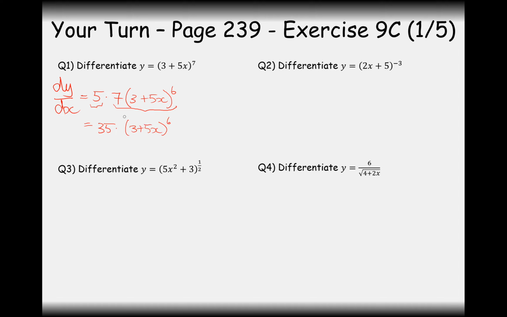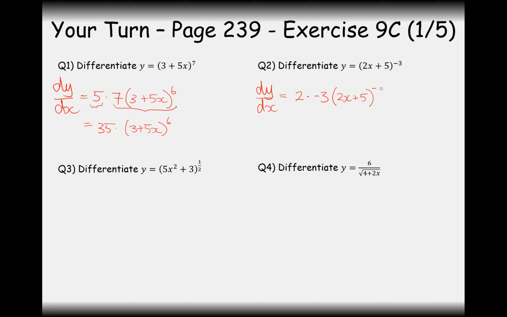If you've now got it, pause the video and have a go at the other 3, otherwise I'm just going to carry on. For the second function, dy by dx, differentiating the inside first, I'm going to get 2. Differentiating the outside second, so I'm going to get minus 3 times (2x plus 5), so I've put the power to the front.